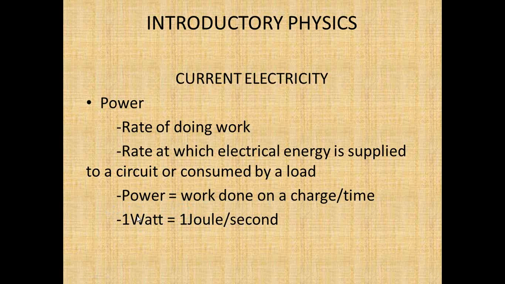We'll come back to that again, but just understand that power is the rate of doing work, or the rate of consuming energy. When we talk about the electric circuit, it is the rate at which electric energy is supplied by the circuit or consumed by any load in the circuit.